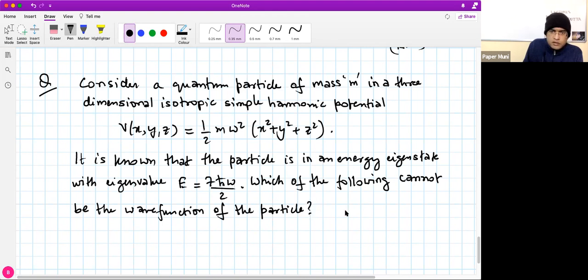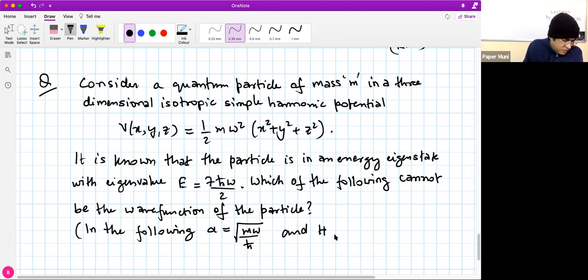Now in this case it's given to you that in the following, now I might require more space. I hope you're writing down the question in your notebook, because it's a little bit lengthy question. And H n, this notation is the nth Hermite polynomial.